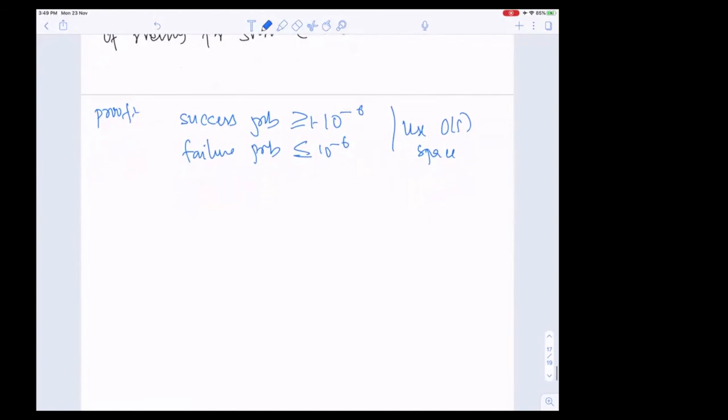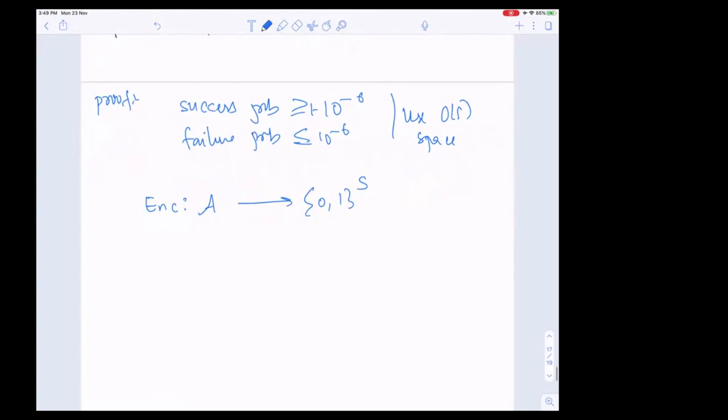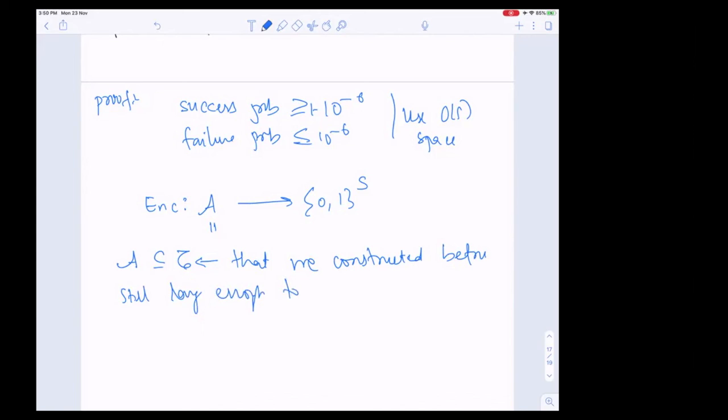So the only approach we know is to give an encoding from some set A to {0,1} to the power S. Our A will be some subset of the set phi that we constructed before, still large enough to guarantee the desired lower bound.